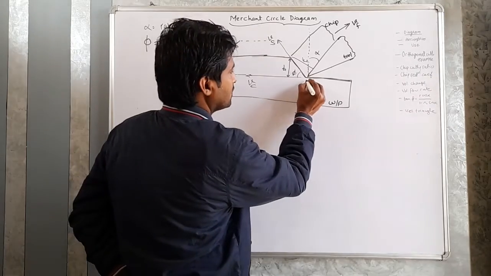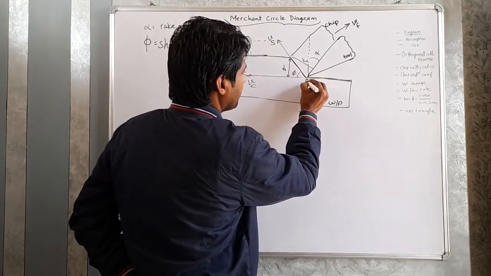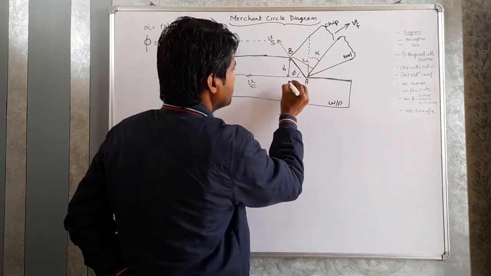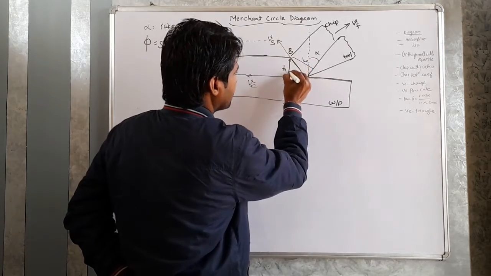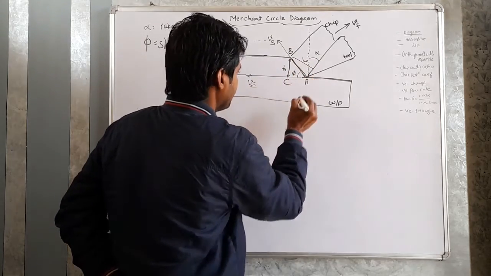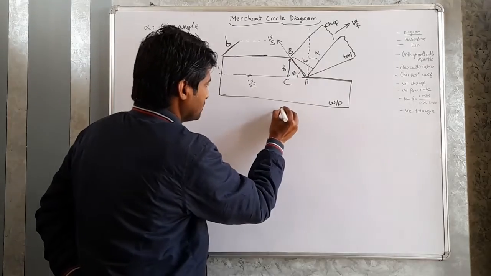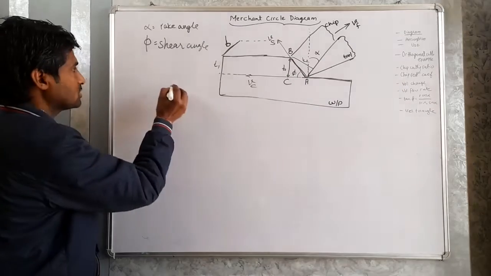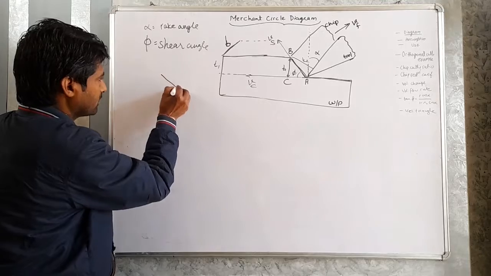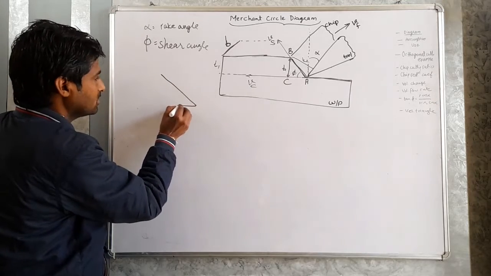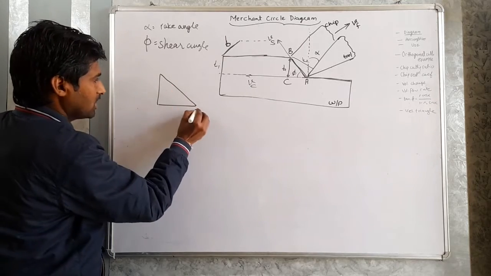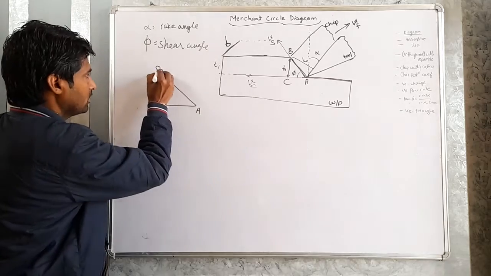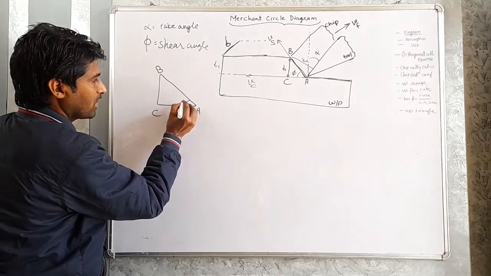First of all, consider this triangle A, B, C. I am drawing this triangle here like this. This is A, B, C. This is phi.